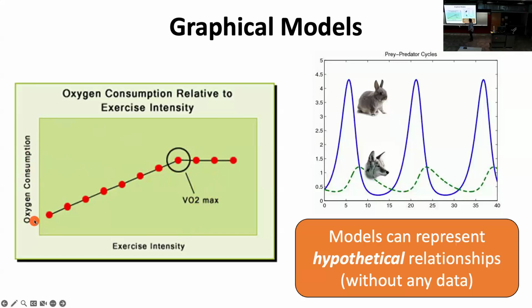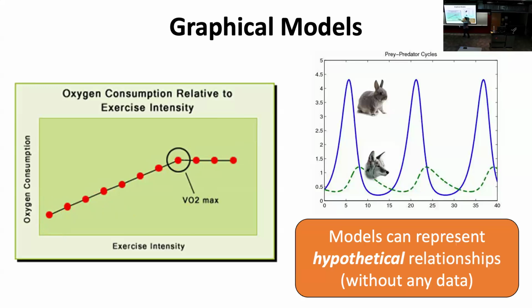What I like about this graph is they even put these little red dots, which is like saying, what if you ran an experiment? If you ran an experiment, we would expect your data to be clustered around this black line. So there are two what-ifs here. The model generally says, if this theory is correct, then for exercise intensity, we would expect that eventually you would hit a certain intensity where things would level off.